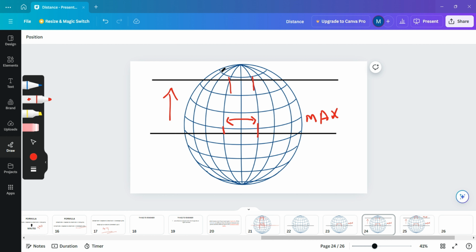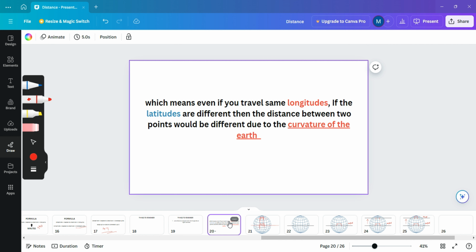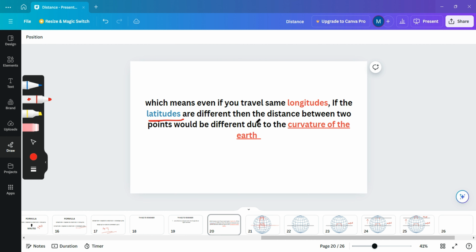So even though they're on the same longitudes, the difference between them both would be different because there are different latitudes. So that is what you need to remember. Same distance at equator takes more longitudes at higher latitude. Simplifying that, it basically means even if you travel same longitudes, if the latitudes are different, then the distance between the two points would be different due to the curvature of the Earth.